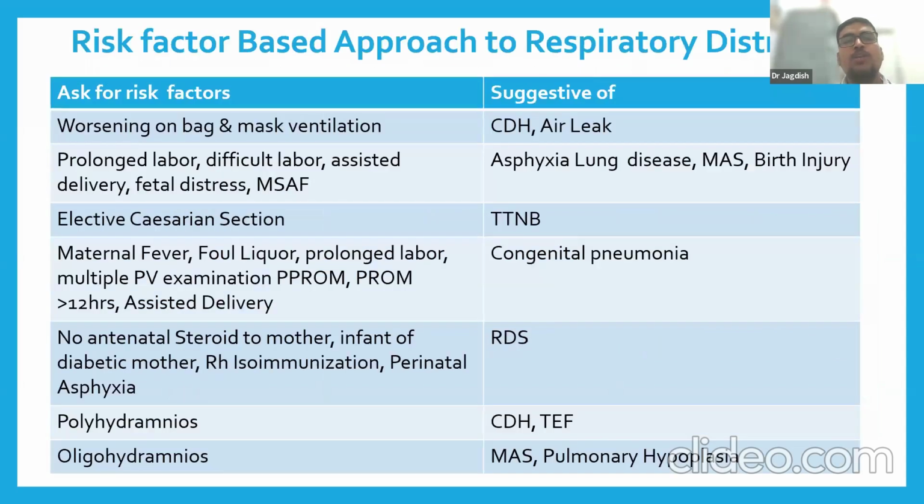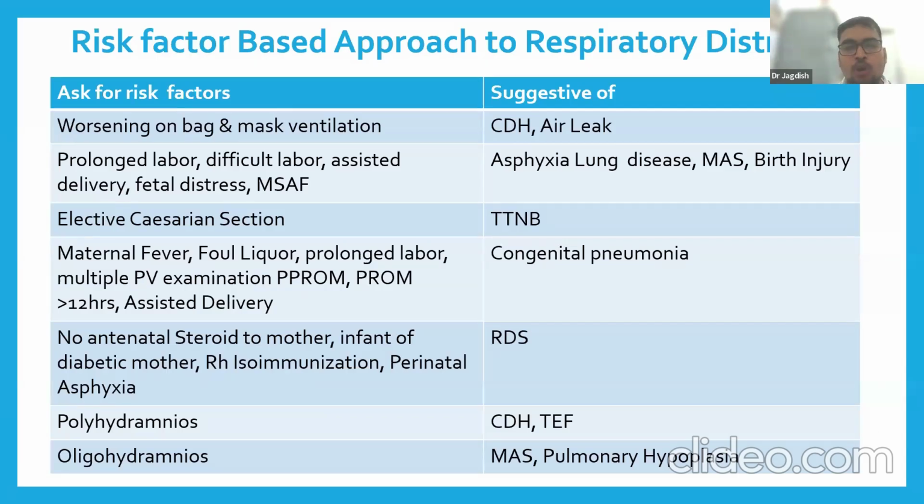So again, I'll give you a brief overview of the risk factors, and depending on the risk factor, how we can predict the causes. If the baby has worsening respiratory distress on bag and mask ventilation, then the cause may be a congenital diaphragmatic hernia or Ebstein anomaly.